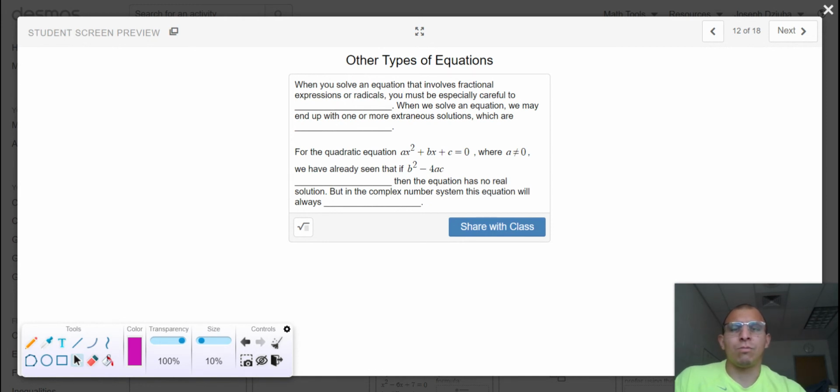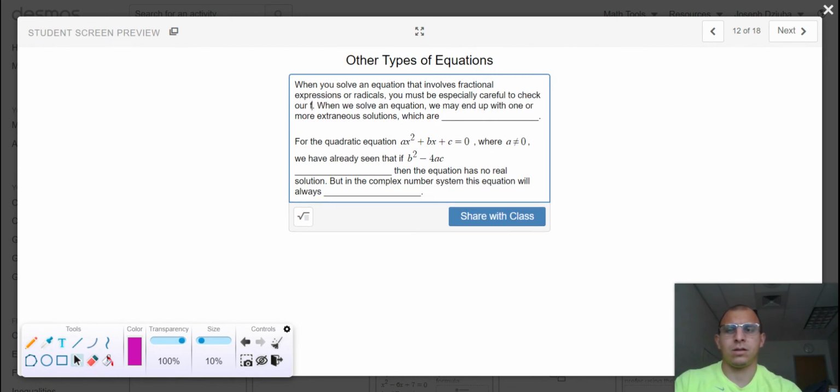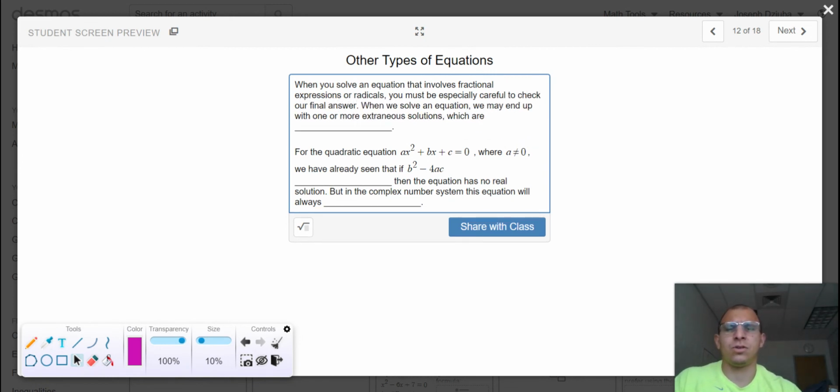When we solve an equation that involves fractional expressions or radicals, we must be especially careful to check our final answers. When we solve an equation, we may end up with one or more extraneous solutions. What does that actually mean?